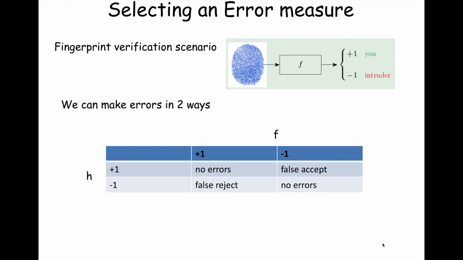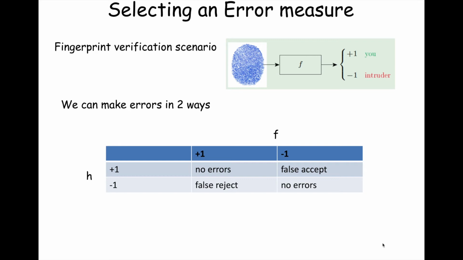So the current working hypothesis has made a mistake. It denied someone who should have been granted access. Conversely, the other type of error here is called a false accept, a false positive. What this means is that if we look at the ground truth target function, you should have been denied, but the current working hypothesis has given you access. So for that particular case, you should have been denied, but you were given access.